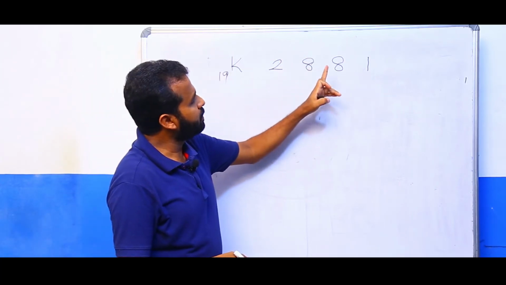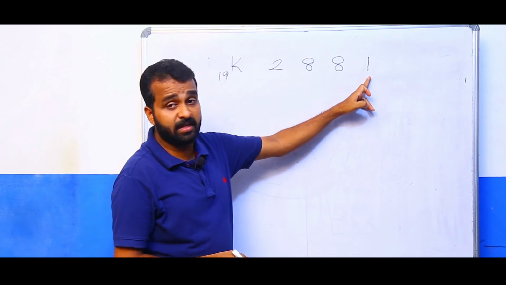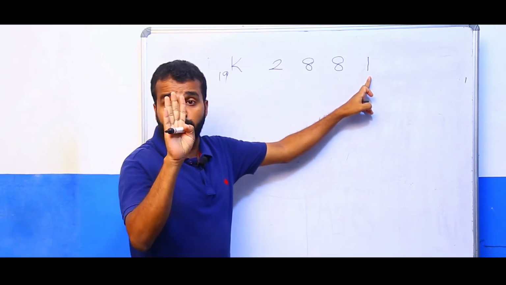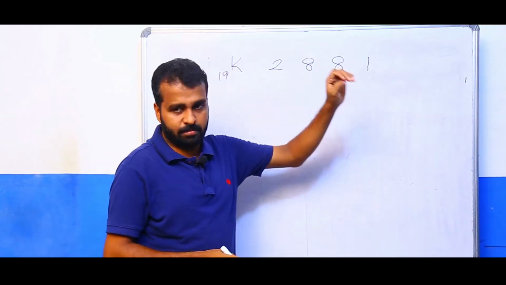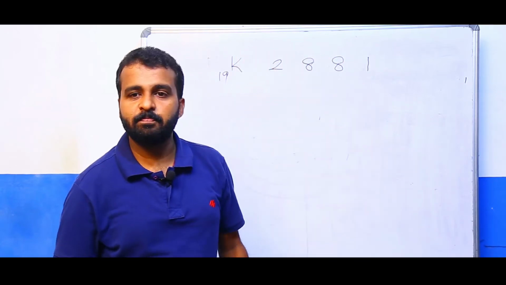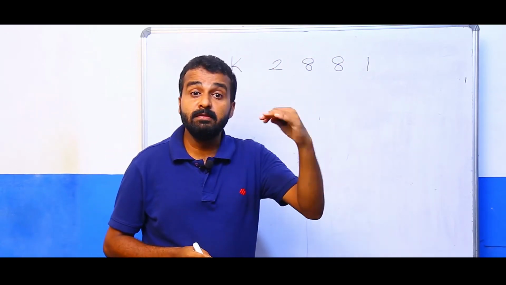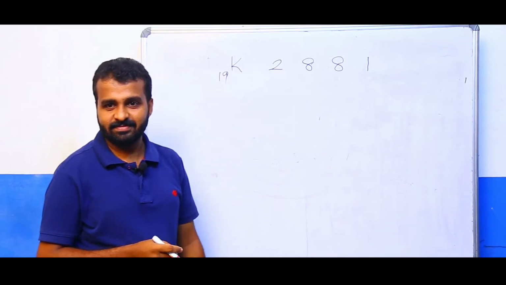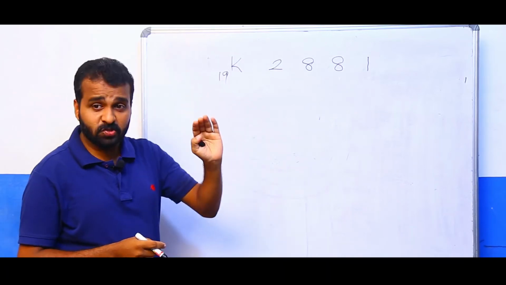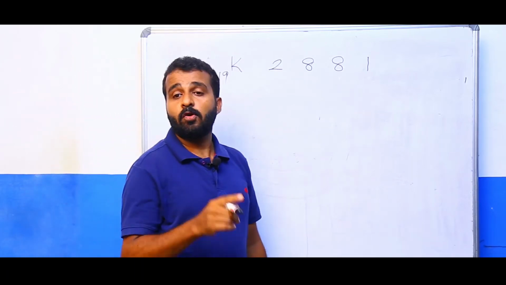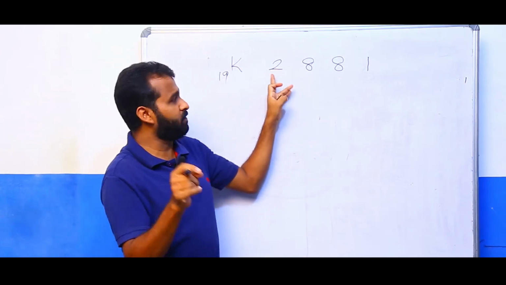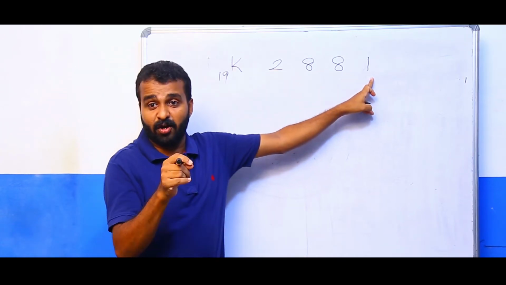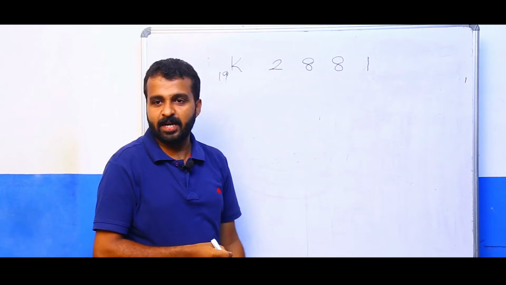Here, one electron is present in the N shell, that means the fourth shell. To understand this concept, in this chapter we are going to study a new concept. After studying that, you can understand why we write the configuration like this instead of 2, 8, 9. Are you ready?